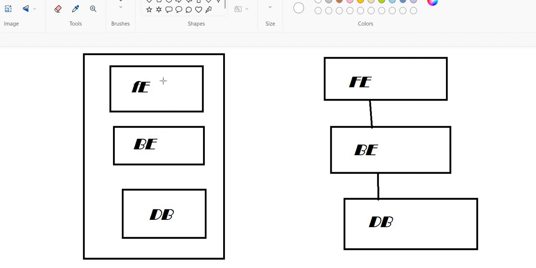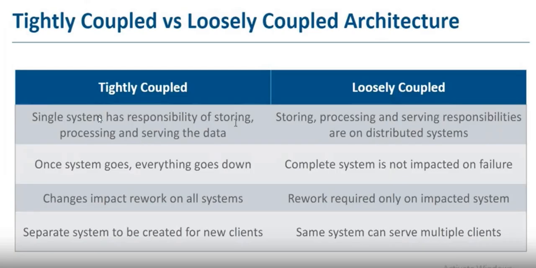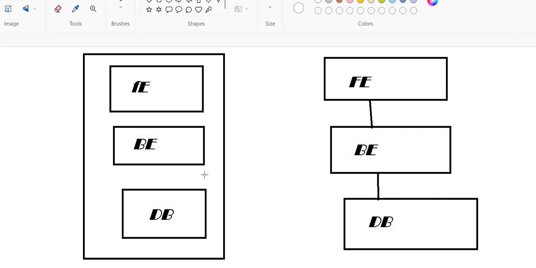Means here the front end is serving the data to the user, to the client. Yes or no? Means they are tightly interconnected. A single system has the responsibility of storing, processing, and serving the data. Means here serving data, here processing data, all are done only by the single system.